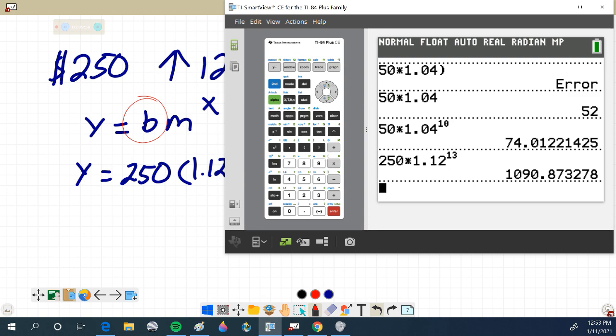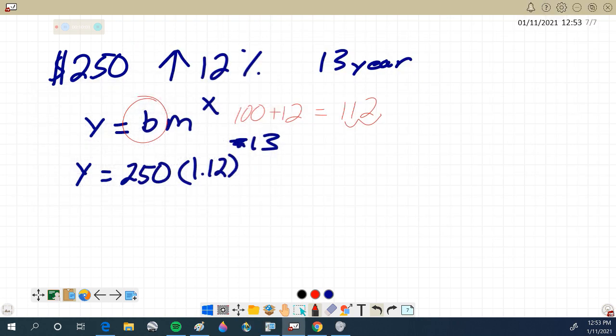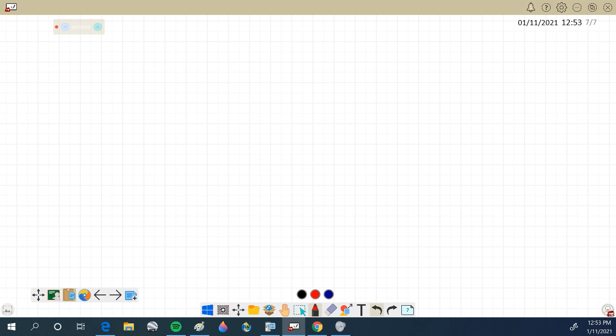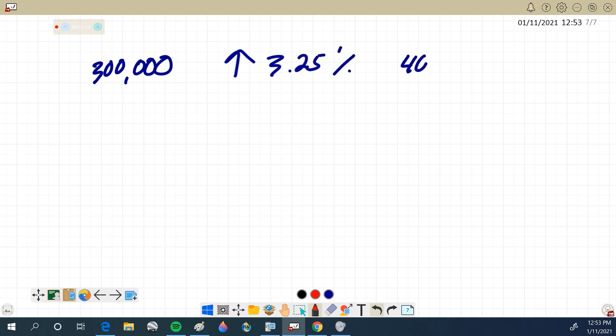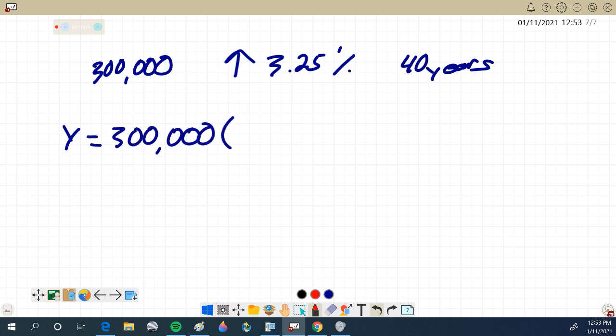Okay, I'm going to throw a little bit of a curveball to you. What if I had $300,000 that was growing at 3.25% for 40 years? So 300,000 goes here. What do we multiply by? Good.